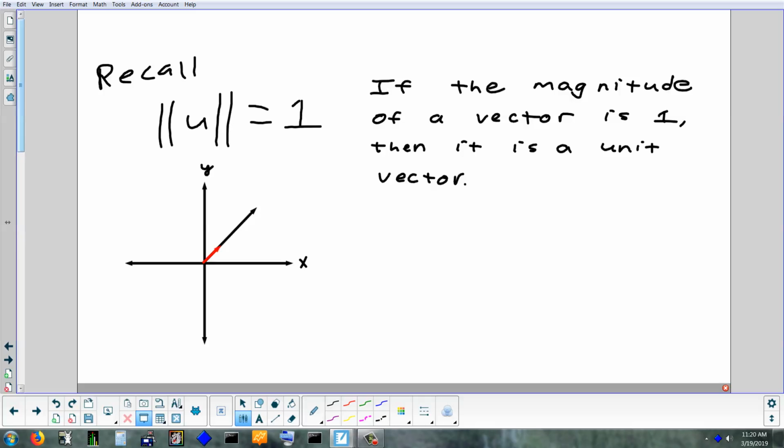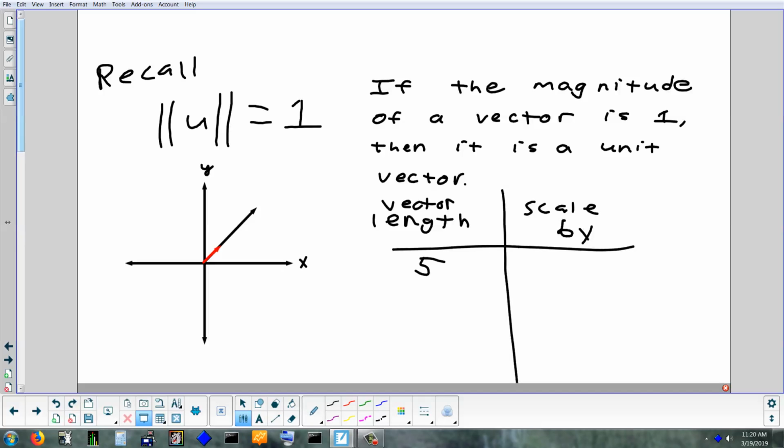Let's say you had a vector. So the length of the vector came out to 5. If you wanted to make it a unit vector, what would you have to scale that by?